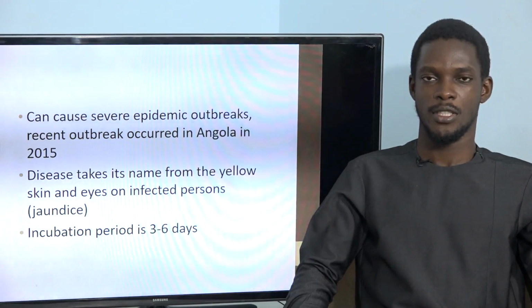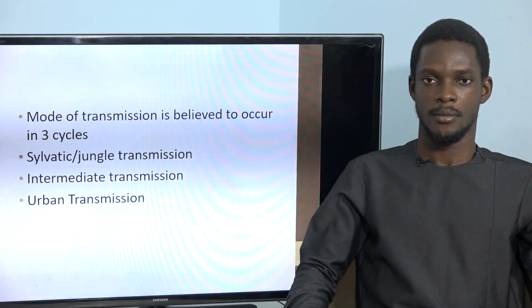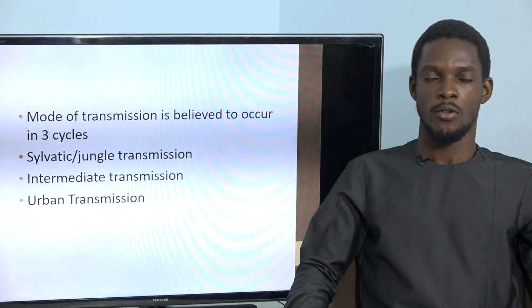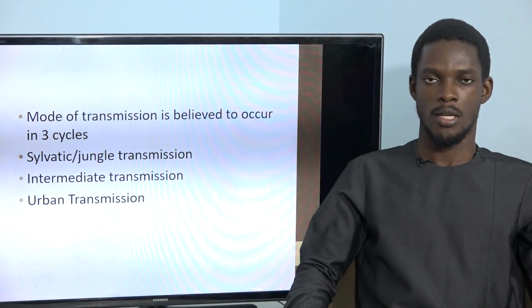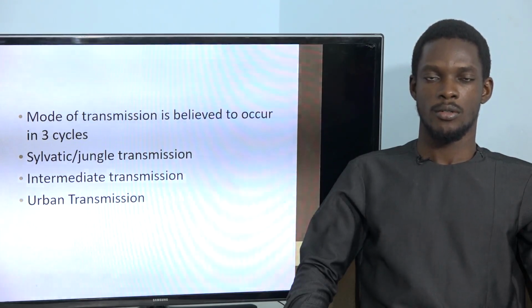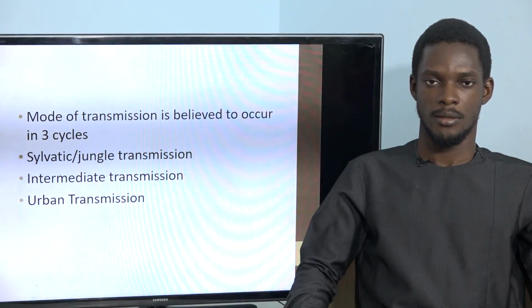The incubation period for this disease is about 3 to 6 days. The mode of transmission is believed to occur in 3 cycles. First of all, you have the sylvatic transmission, otherwise known as the jungle transmission. You can also have the intermediate transmission and then the urban transmission.